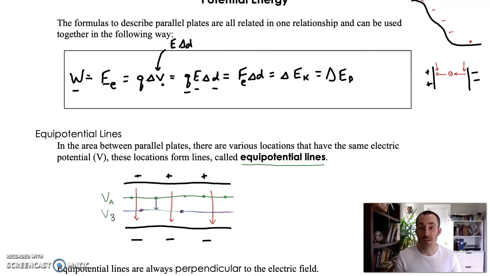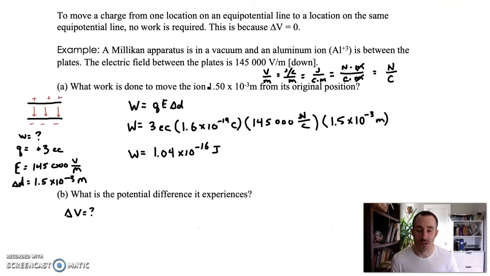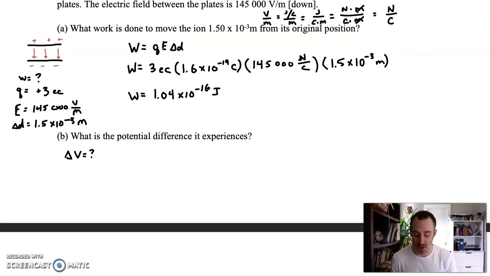So we can solve this piece of the problem a number of different ways. If we wanted to, we can go work equals Q times change in V, and then solve for change in V now that we've calculated work and we know the charge. Or we can go Q times change in V is equal to Q times E times D, in which case the Q cancels out, and V is just equal to E times change in D. So there's going to be a number of ways often to get at the information you're looking for, if you know what to look for.